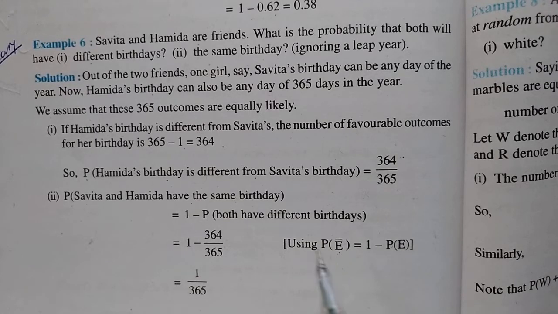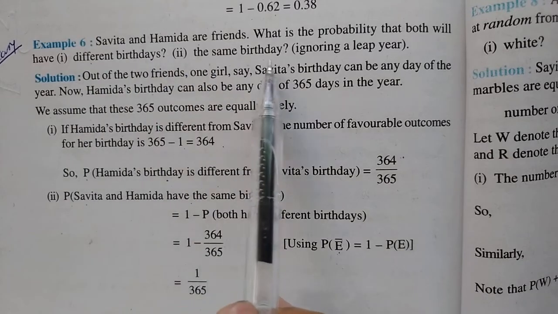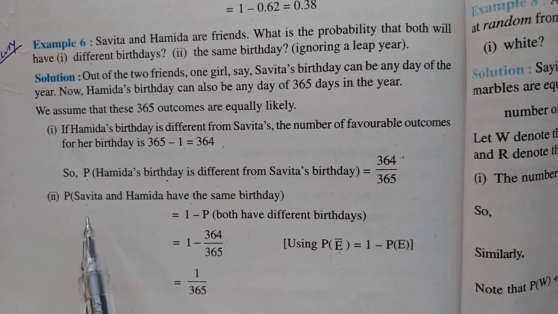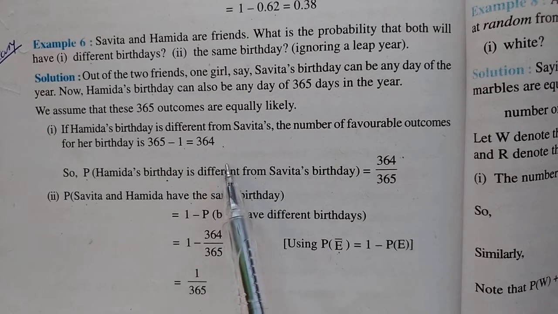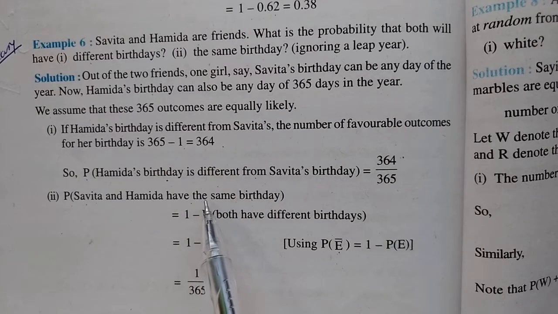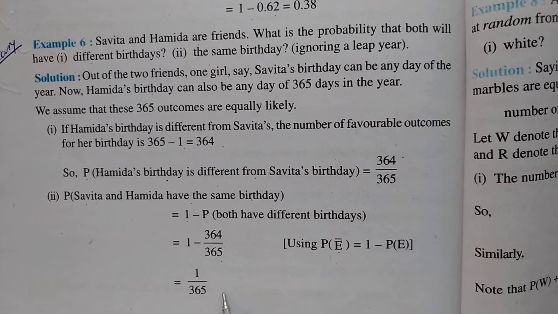There are only two possibilities: either they have different birthdays or the same birthday. So here Savita and Hamida having the same birthday is event E. So this must be P of E bar, and for that, 1 minus P of E. So 1 minus 364 upon 365, and you will get the answer.